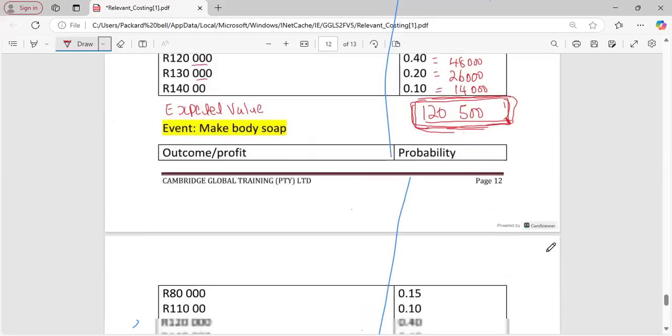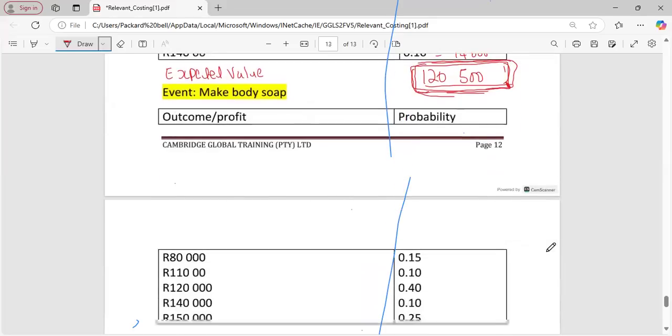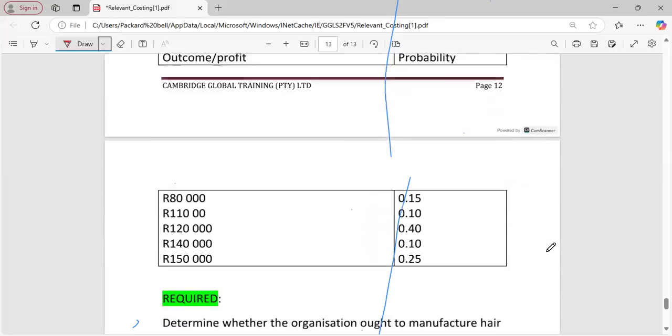Right, then let's do this one so that we can determine. So this one is going to be 80,000 times 0.15. This is going to be 12,000. Yes.